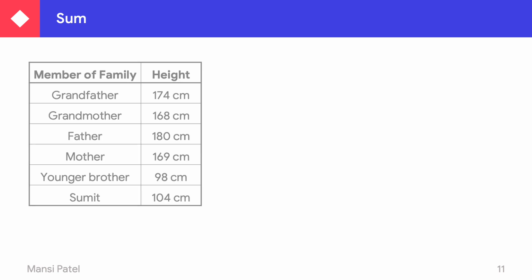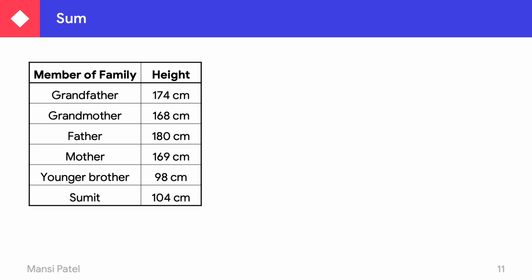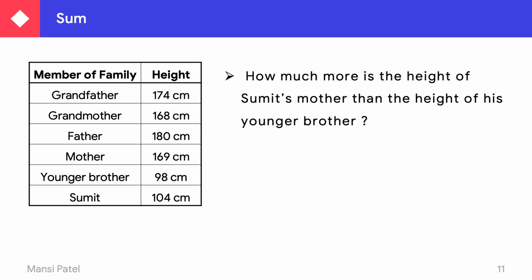Let us see one another question. How much more is the height of Sumit's mother than the height of his younger brother? In this you have to tell how much more. How much more means taller. The height of Sumit's mother is 169 centimeter and the height of his younger brother is 98 centimeter.